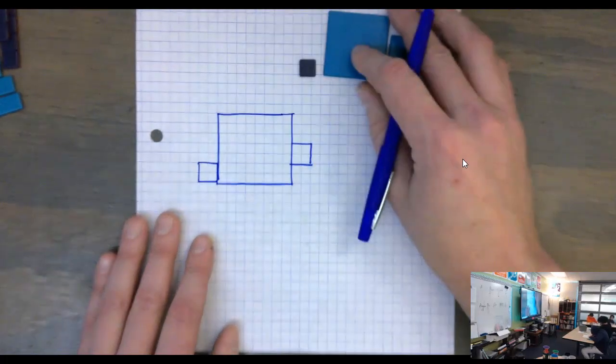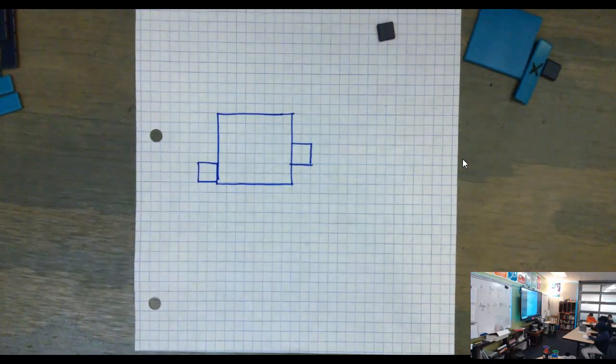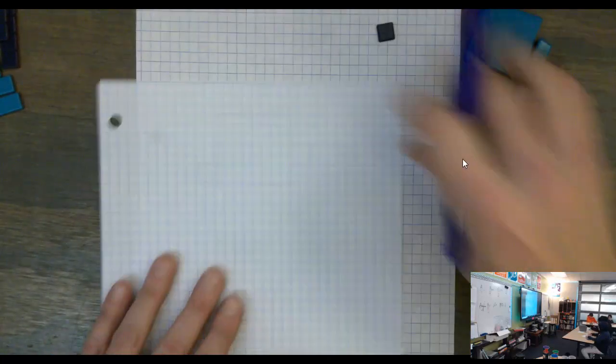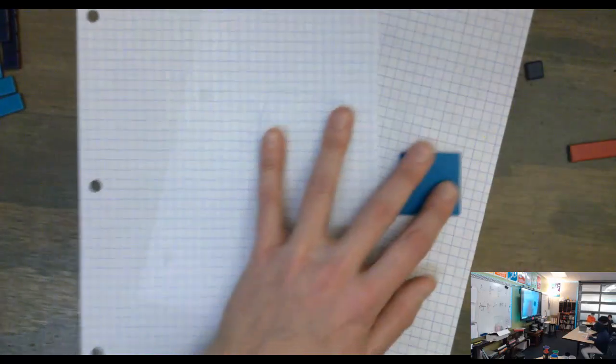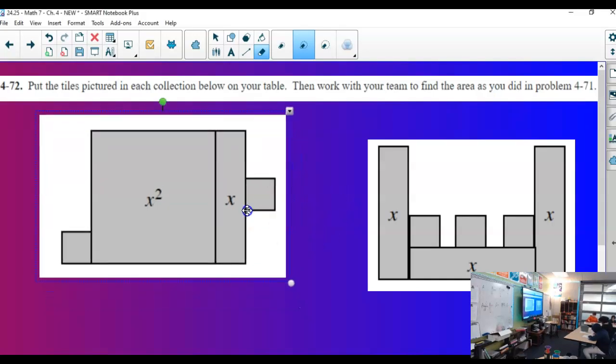And this is why we should do math in pencil. I messed up. Sorry, guys. I forgot this x tile. Don't forget about that x tile. We have x squared and we have x. I should just draw it up on the board, probably.